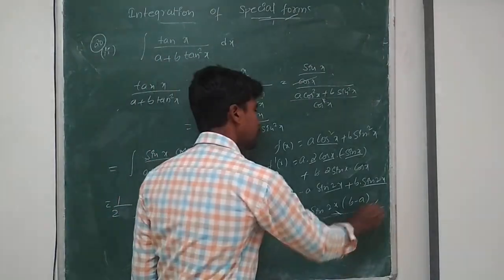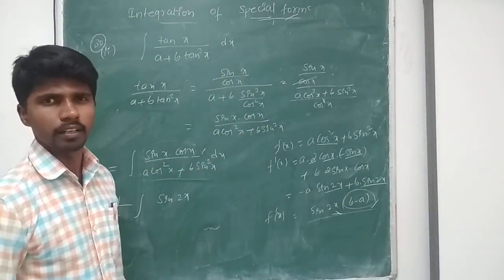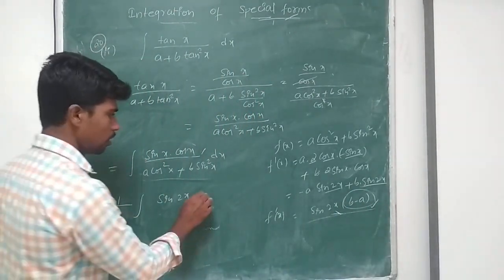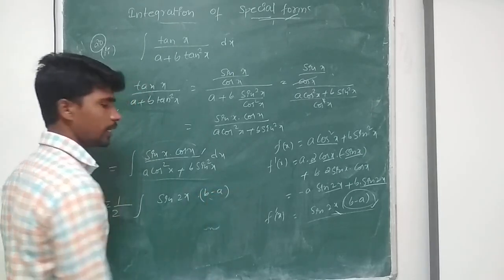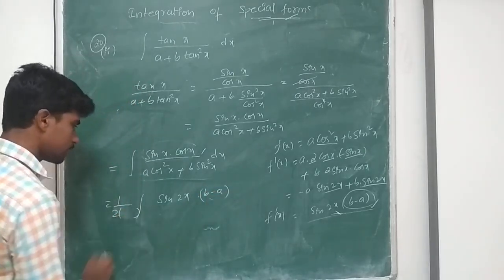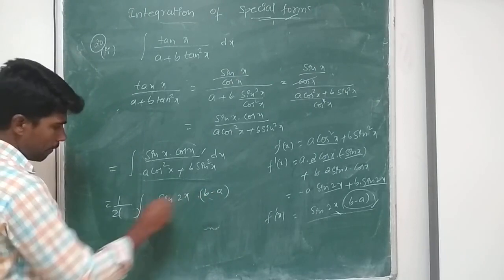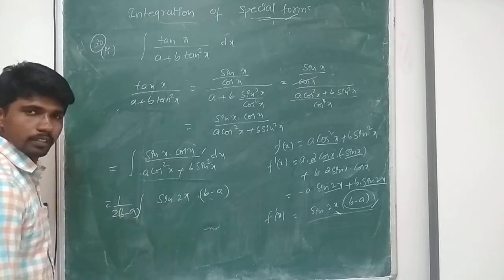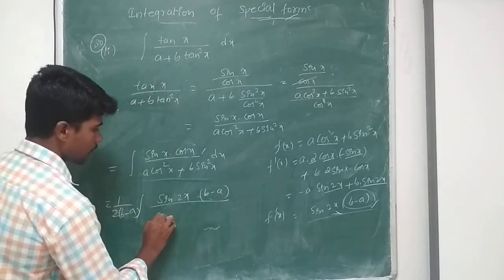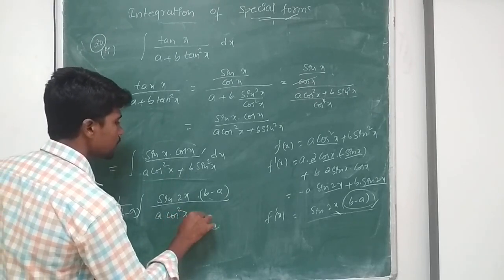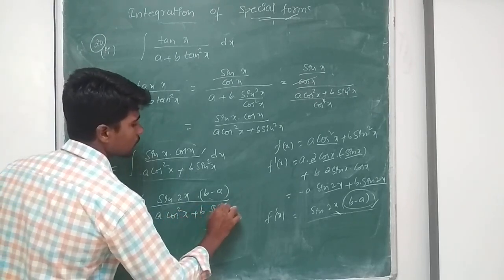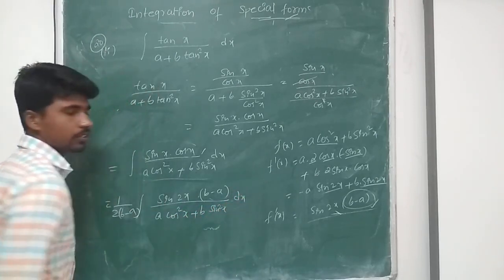And still I need b minus a, which is nothing but a constant. So I can multiply the numerator by b minus a, and at the same time the denominator also by b minus a, divided by a cos square x plus b sin square x dx.